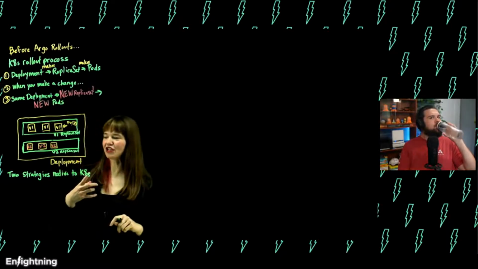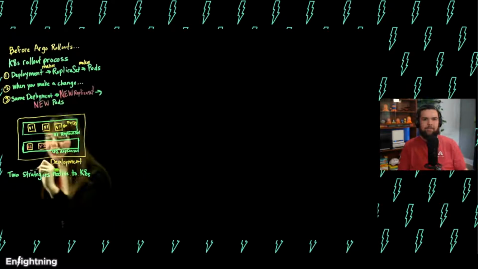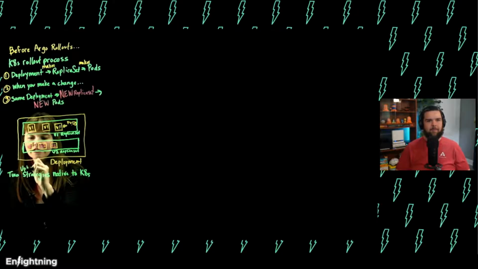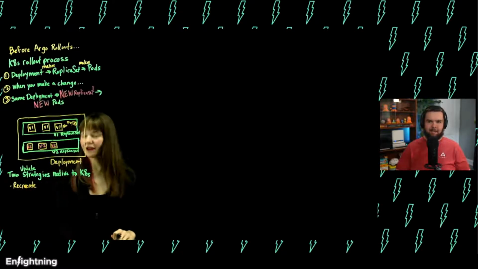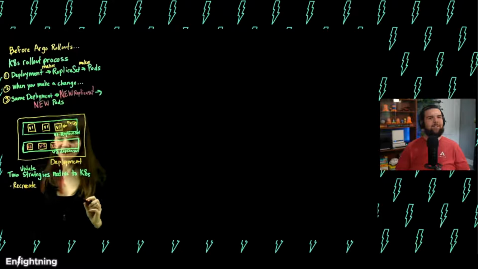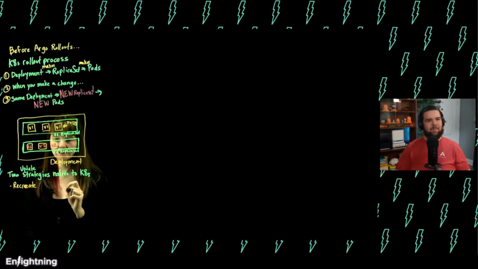So two update strategies that are native to Kubernetes. And then we have recreate. And so rolling update is the default. It's what Kubernetes expects most people to use. V1 goes down, then V2 goes up.